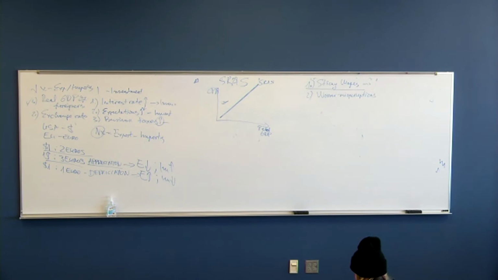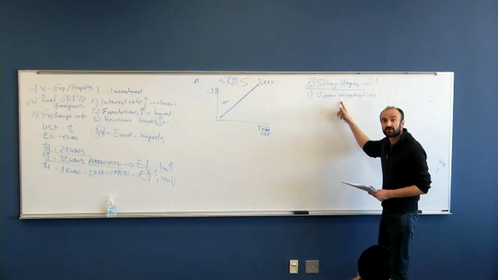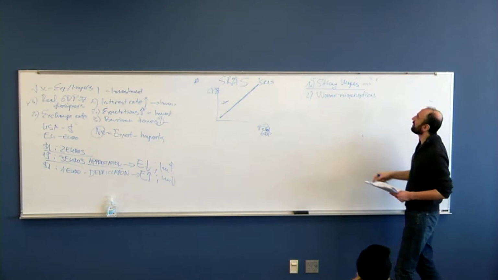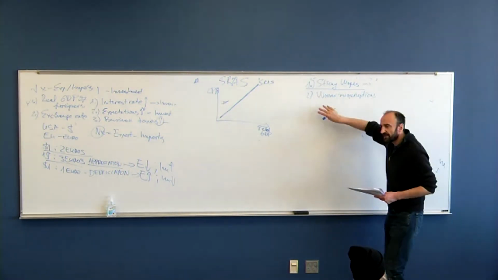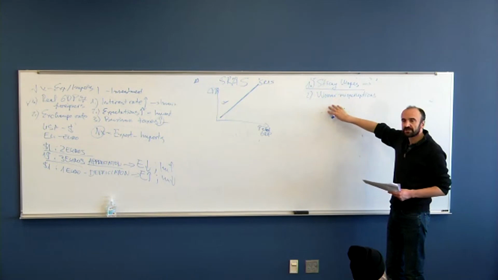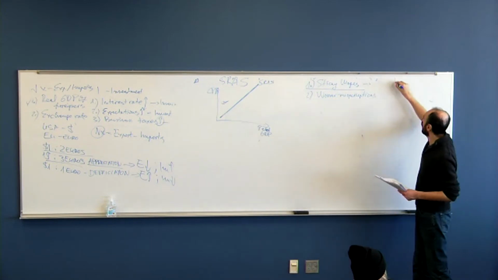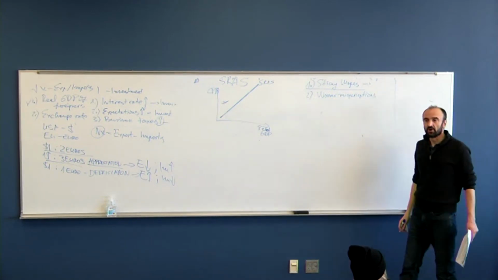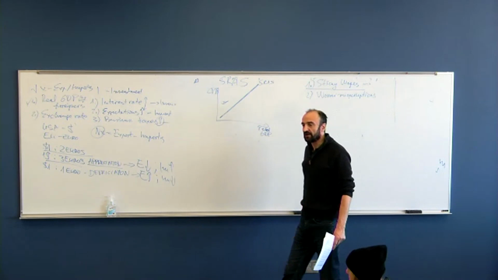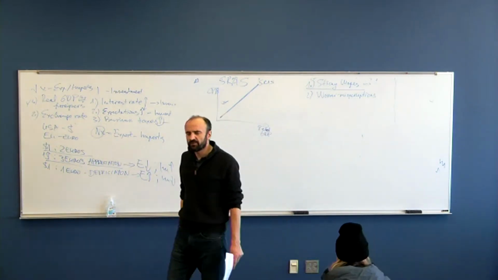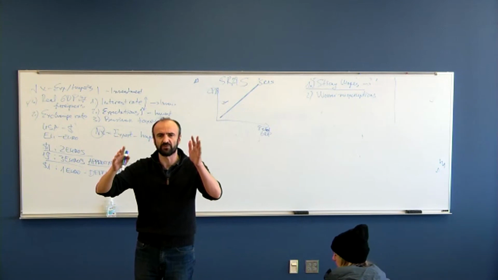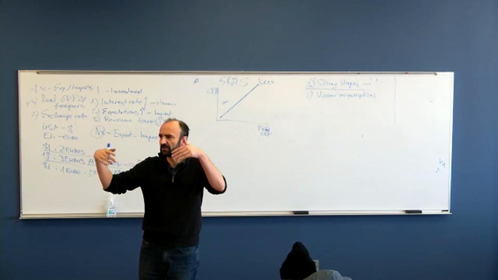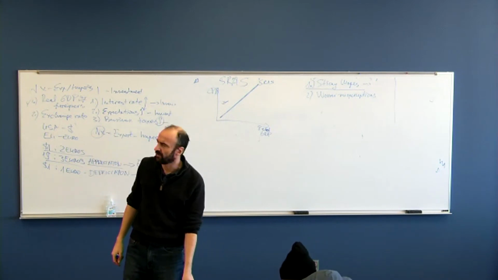But we will see why this doesn't work in the long run. Sticky wages almost all the time do not work in the long run. We're going to stop here. We're going to finish this next time on Friday, and we're going to talk also about the vertical long-run supply curve. I will greatly abbreviate the discussion of the equilibrium, because that's something we're going to be talking about much more later on.